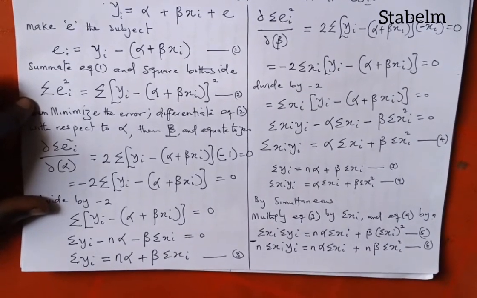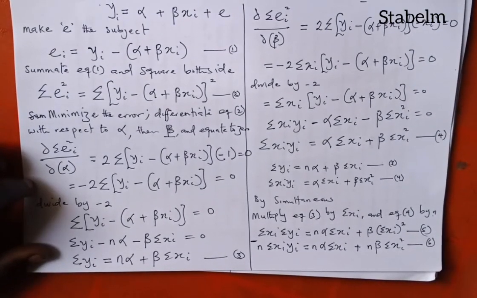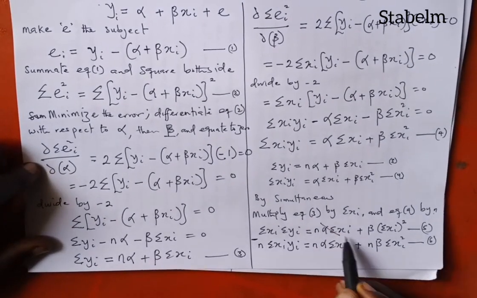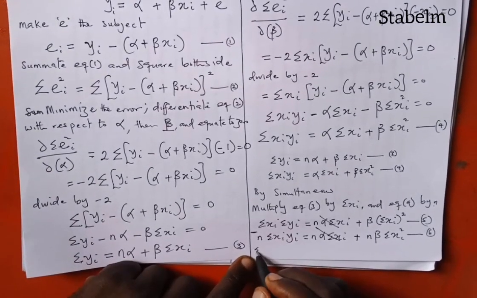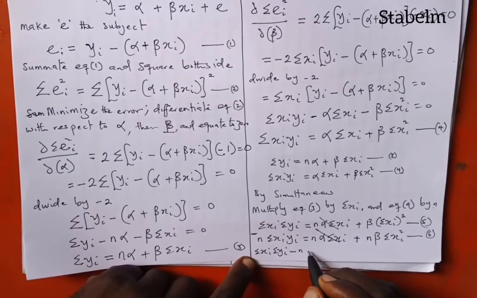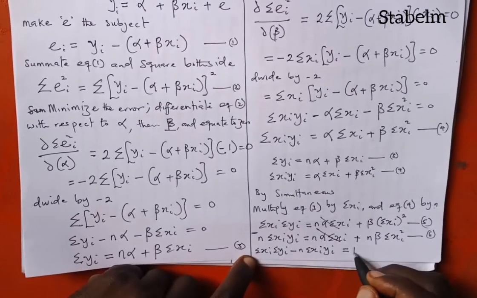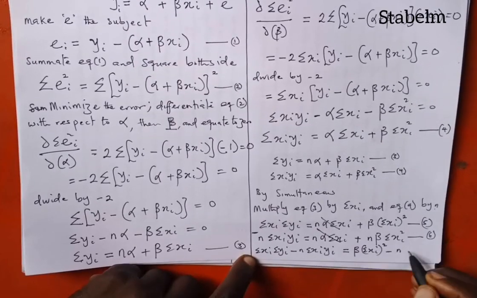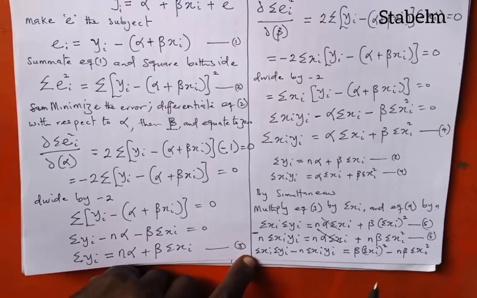Now if you put minus here, what do we observe? So this is going to cancel this. So therefore we're going to have summation xi summation yi minus n summation xi yi equals beta summation xi square minus n beta summation xi square.